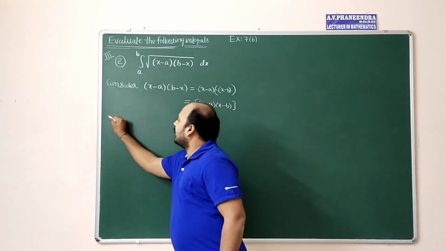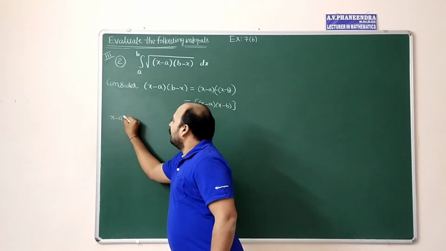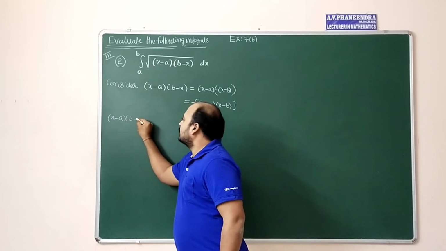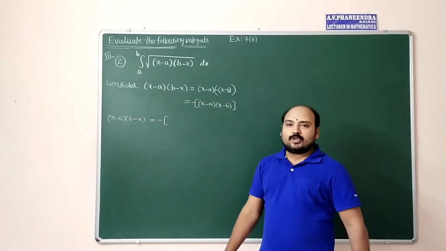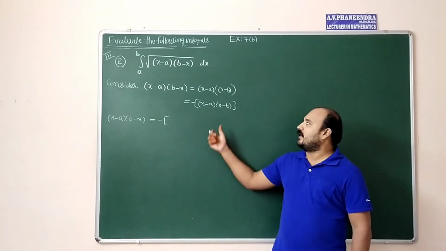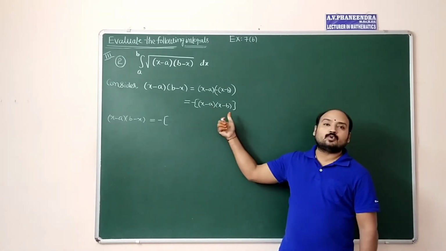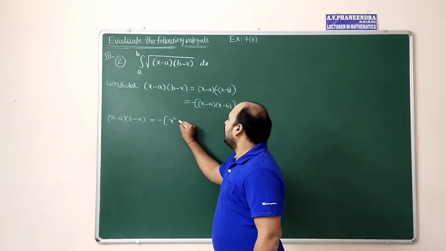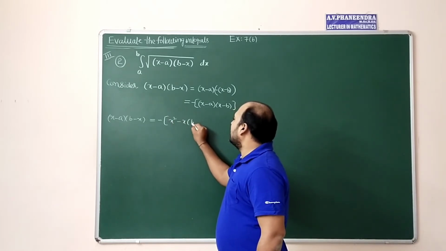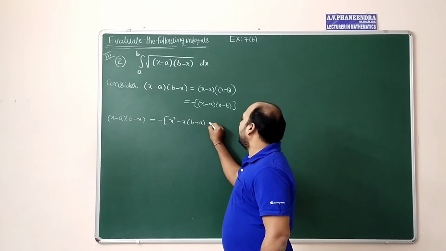So now (x minus a) into (b minus x) can be expressed as minus of, we know that from quadratic expressions whose roots are a, b, we can write it as x square minus x into (b plus a) plus ab or ba.